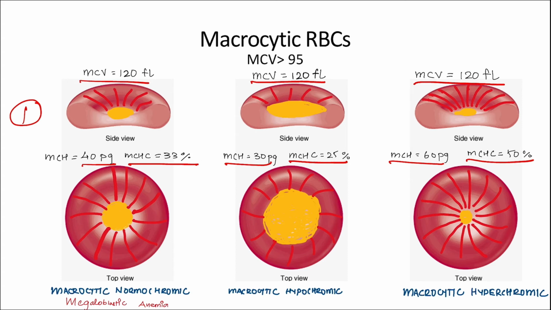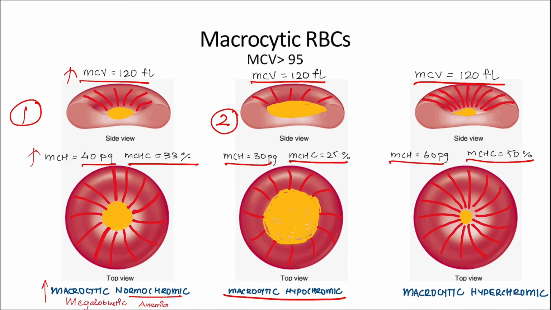So cell 1 is called macrocytic because it is larger in size, and normochromic. Why normochromic? Because it has a high amount of hemoglobin, higher in size plus a high amount of hemoglobin, so it makes it normochromic. The second cell is called macrocytic hypochromic.